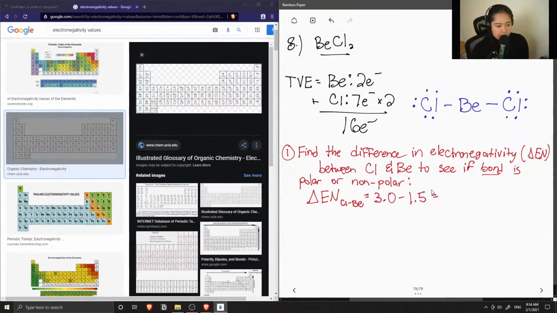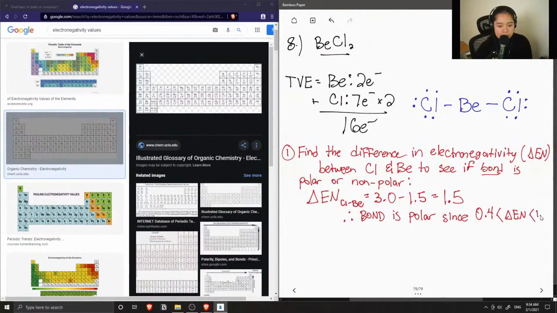So the difference between the two would be 1.5. So therefore, the bond is polar since our electronegativity difference is greater than 0.4 but less than 1.69.